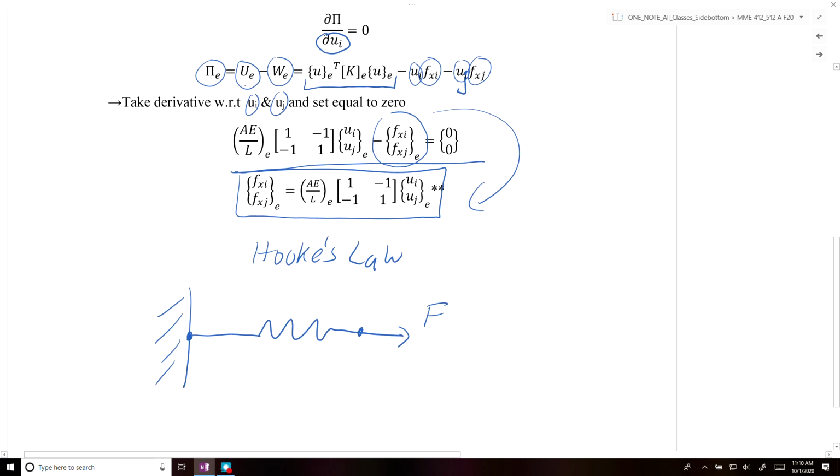In this case, we'll call this node i, and we'll call this node j here. And then this would be our displacement u of i, and this would be our displacement u of j. Okay, we know that the force at fxj would be equal to F.